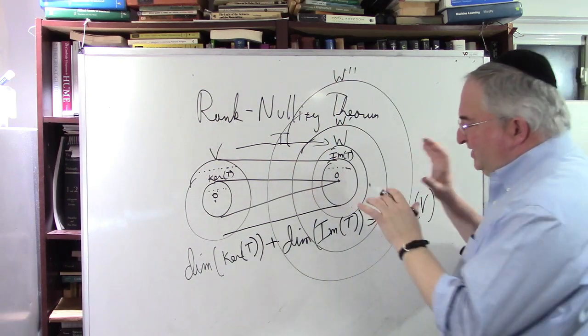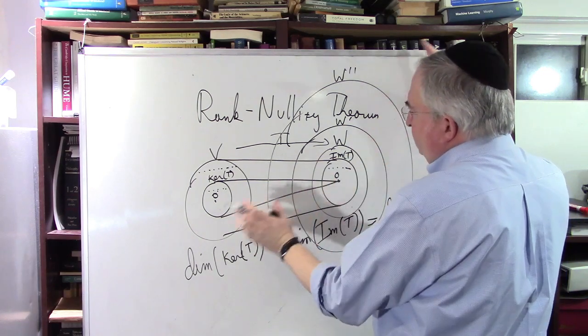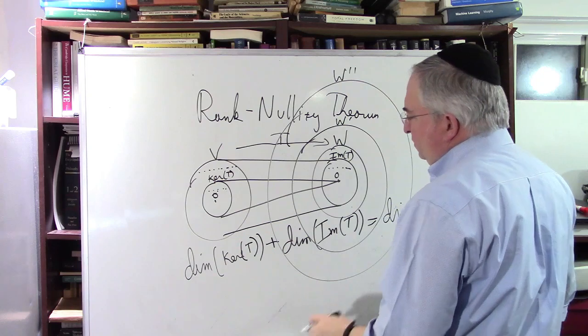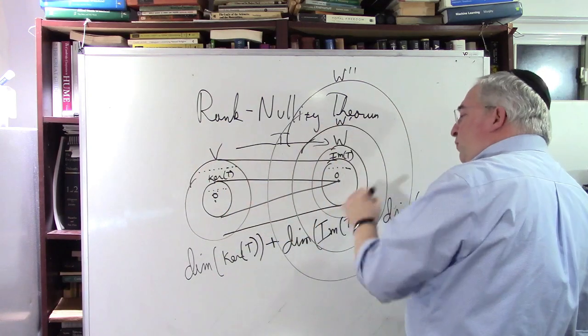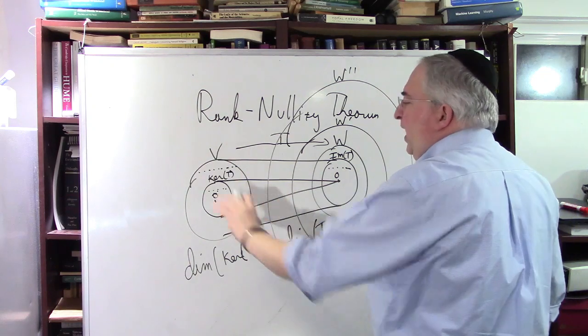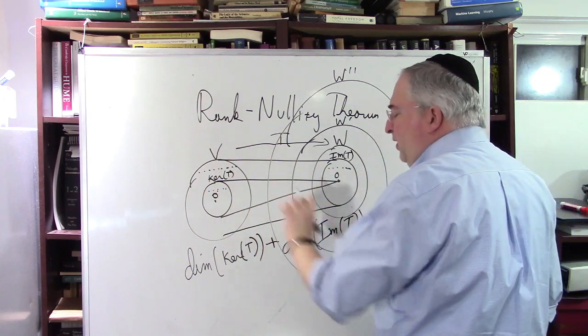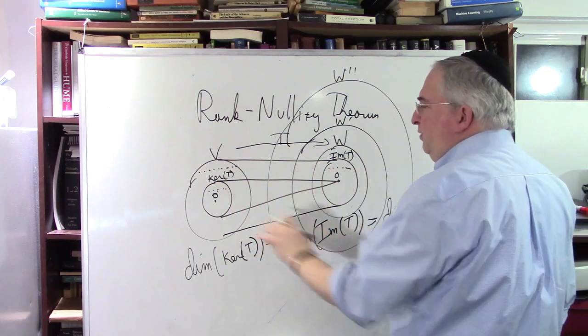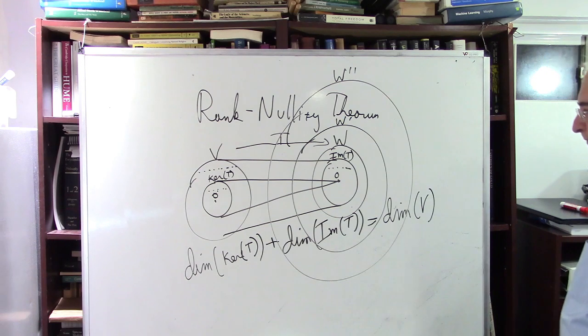Once you have a vector space, you can always think of a larger one. That's not the point. The point is, how does V fit in here? How many things were crunched down to 0? And how many things were in the image here?